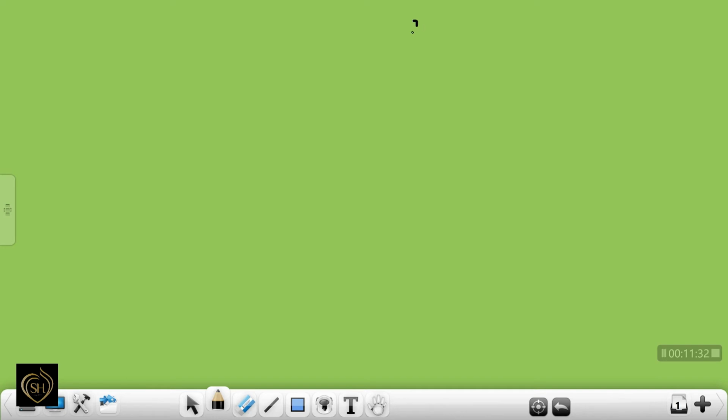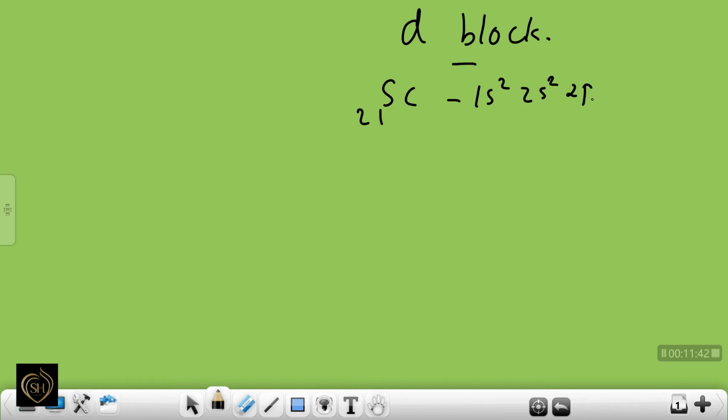So next is D block elements. Scandium 21: 1s2, 2s2, 2p6, 3s2, 3p6, 4s2, 3d1. So the last electron enters 3d, not 4s.